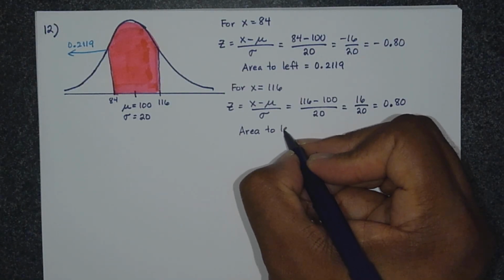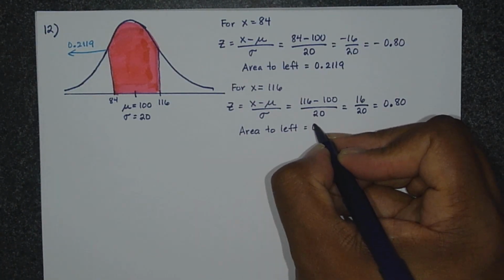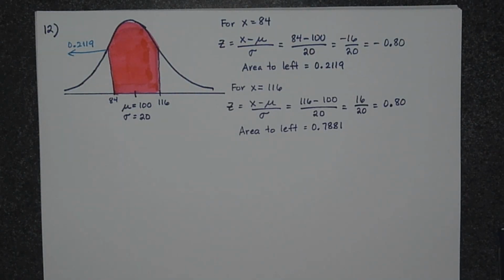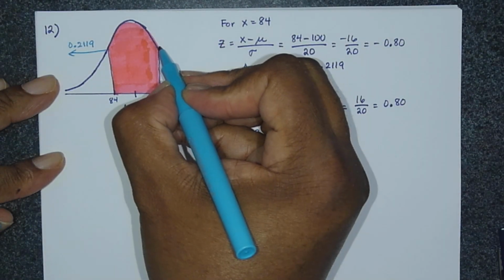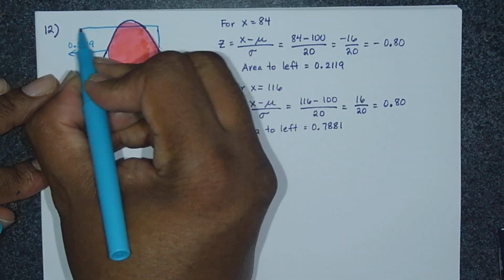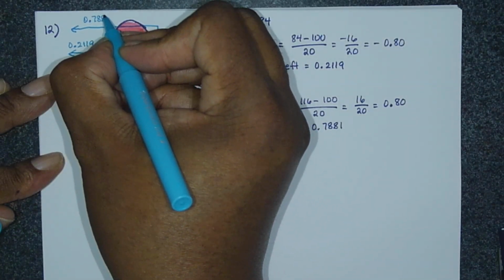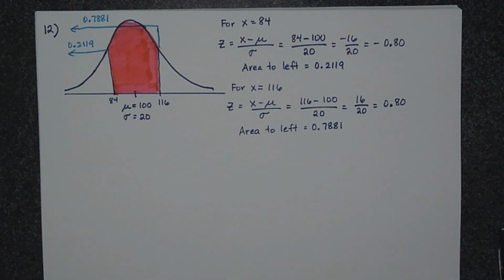So the area to the left is 0.7881. So that's over here. All right, so 0.7881, that's the area to the left.